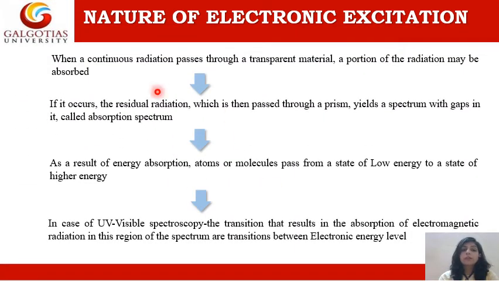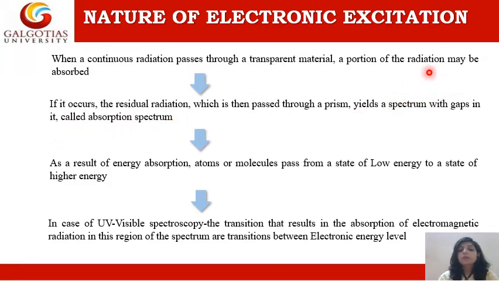Moving forward, we have the nature of electronic excitation. Whenever a continuous radiation passes through a transparent material, what will happen? A portion of the radiation is absorbed. If that absorption occurs, the residual radiation, which is then passed through a prism, yields a spectrum having certain gaps in it, and that spectrum is known as the absorption spectrum.